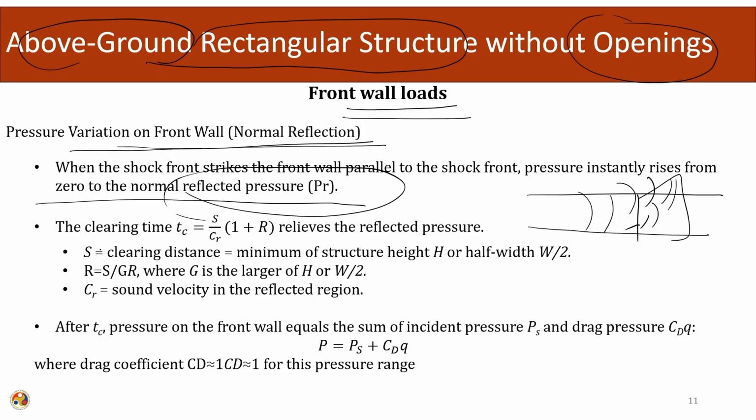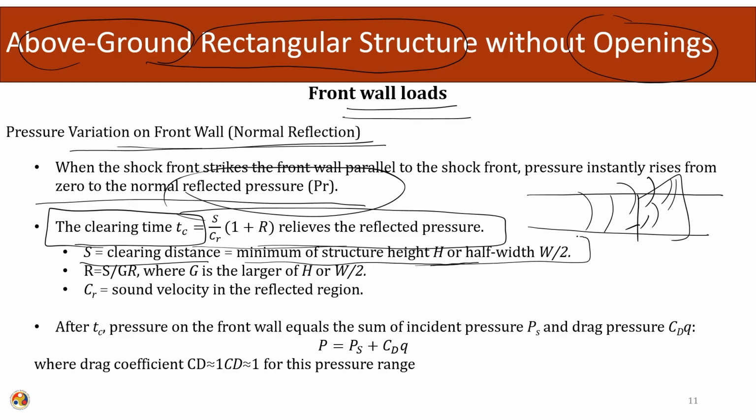We define a term, the clearing time Tc, which is related to the loading of the blast reflected pressure. S is the clearing distance, that is, the minimum of the structure height or half of the width. R is again a different factor, and Cr is the sound wave velocity affecting the region. So this is the clearing time.